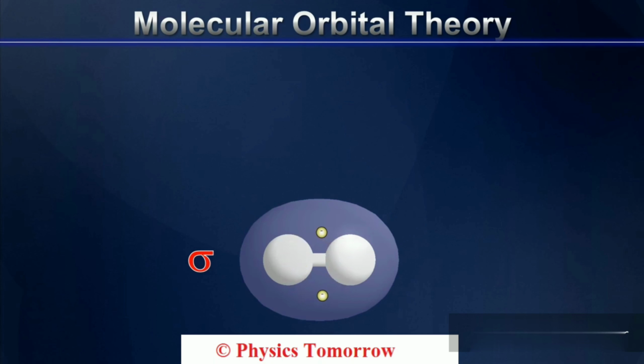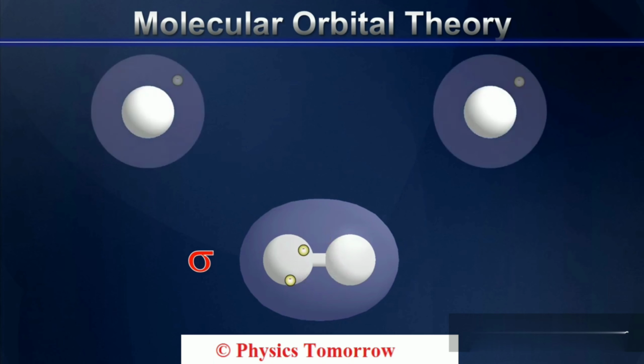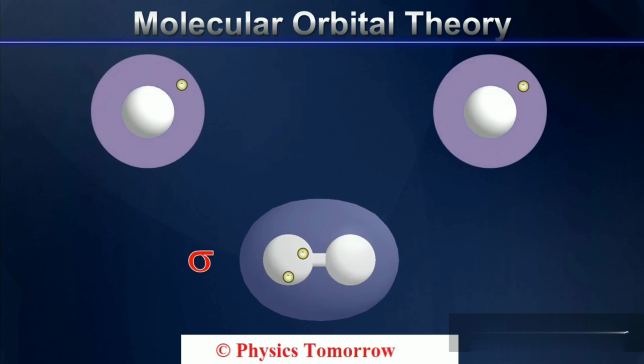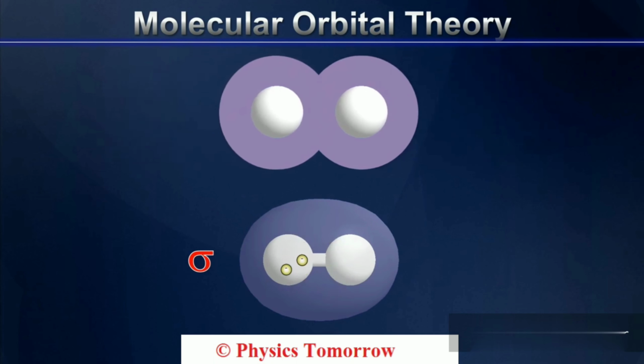But there's one rule that we haven't yet considered, and that is that the number of atomic orbitals going into an MO system must be equal to the number of molecular orbitals that that MO system contains. So our molecular orbital system is not yet complete in this depiction. We have 1 more molecular orbital that forms. That new molecular orbital that forms is called a sigma star molecular orbital.